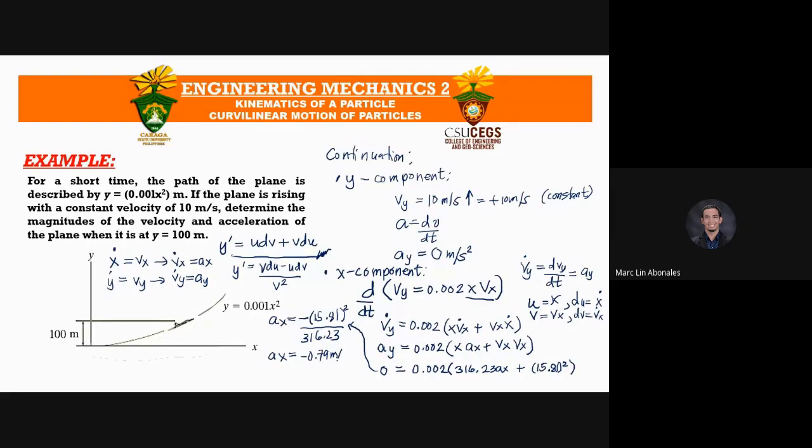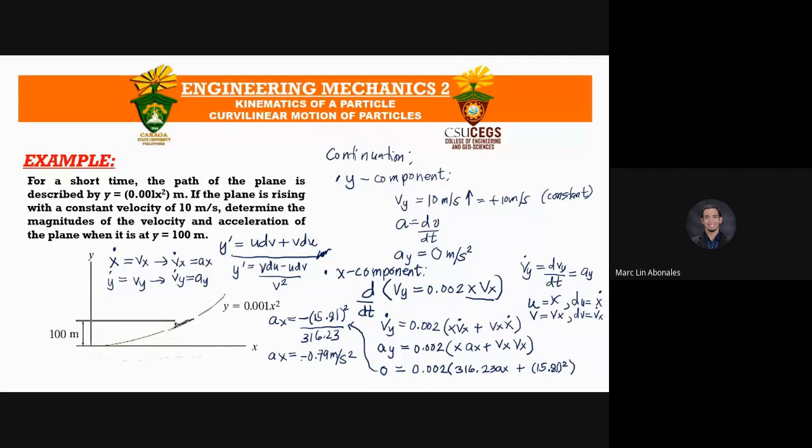Right? So first, 15.81 squared over 316.23. I think it is 0.79, I am not sure. Negative 0.79, or 0.80. Okay?